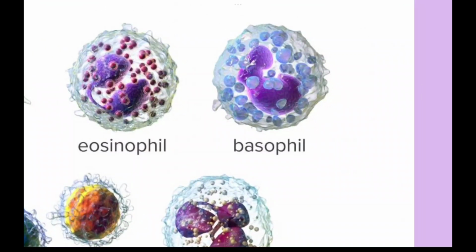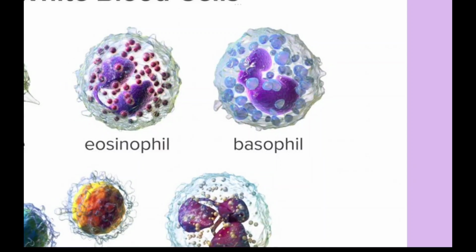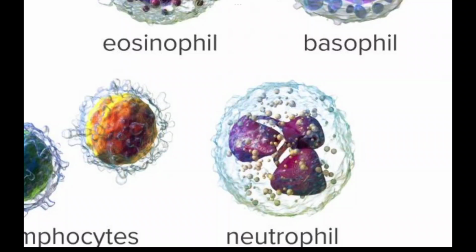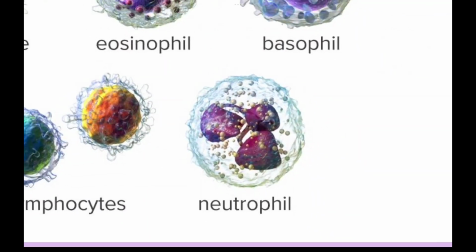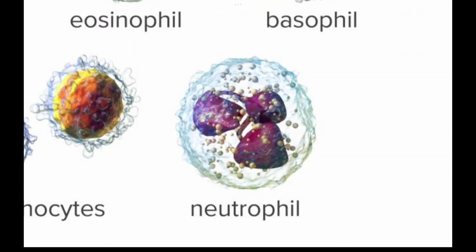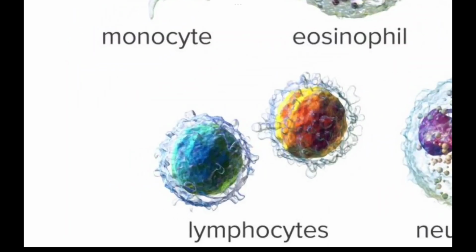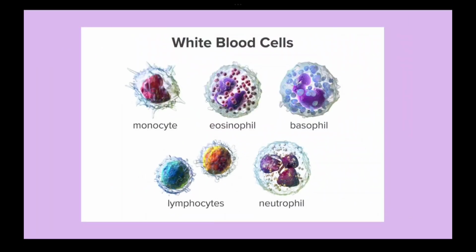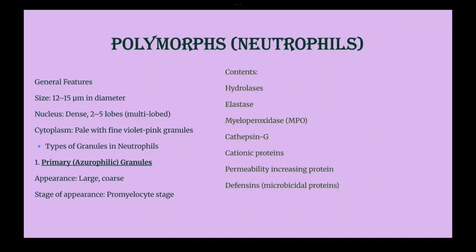Basophils are multi-lobed and have blue or purple colored granules in them. The neutrophils have red or orange granules and are again multi-lobed nuclei. Here are the lymphocytes, B and T lymphocytes with large nuclei inside them. So those are the different types of WBCs.